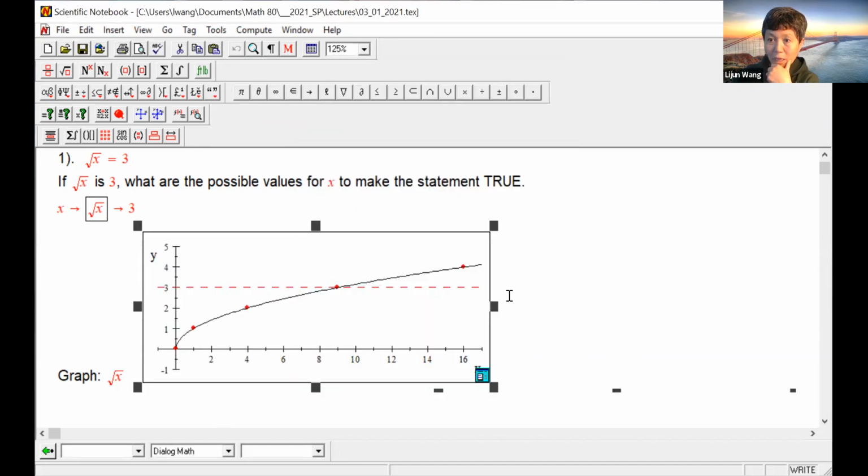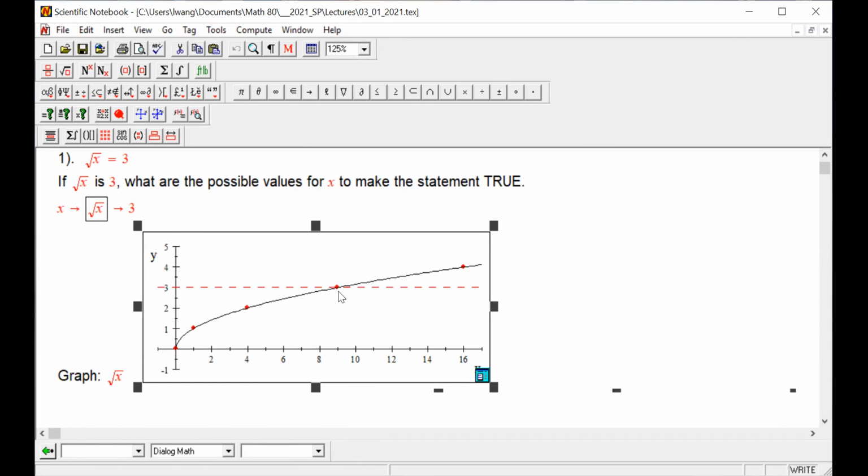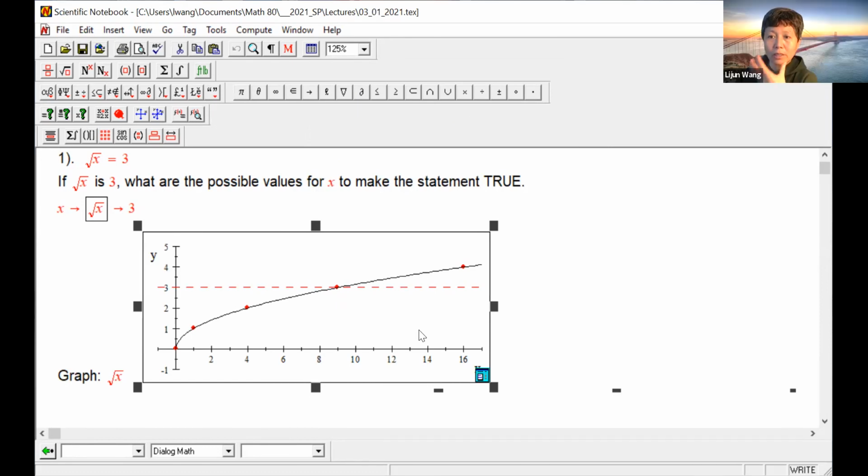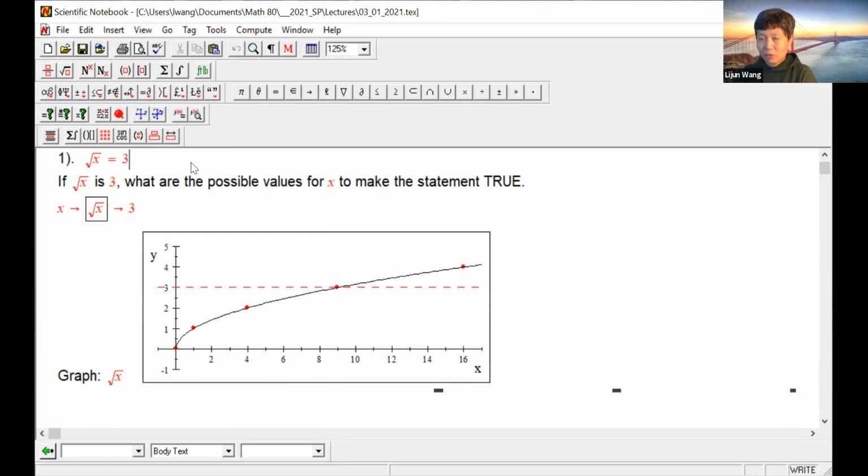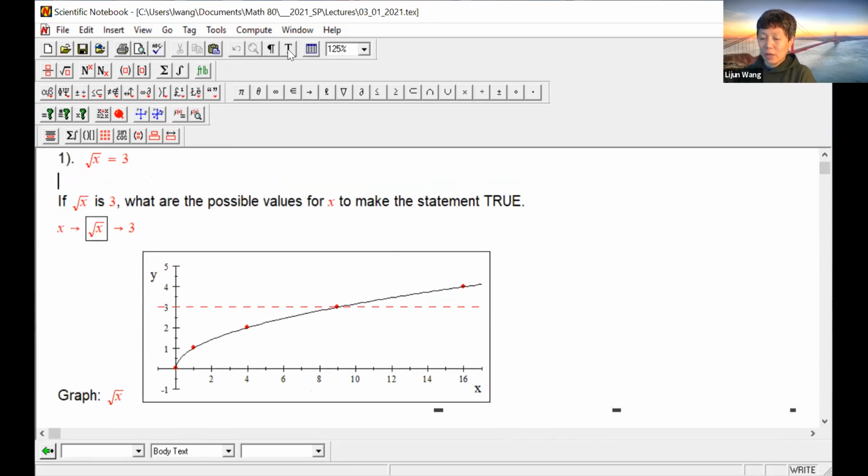That's the output, right? What input corresponds to that output? How many do we have? How many times does it cross? Once. So what's the answer? It's 9. That's right. So the answer is what? The answer is how many? 1, x equals 9.